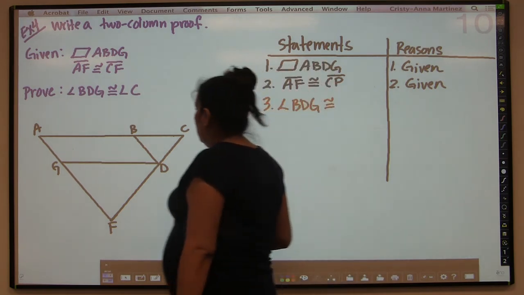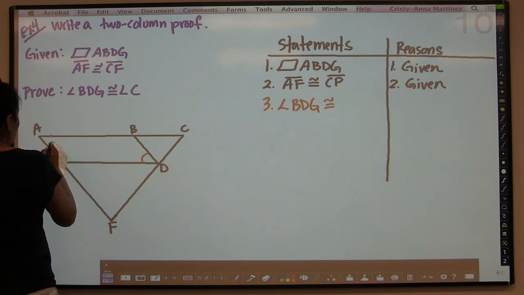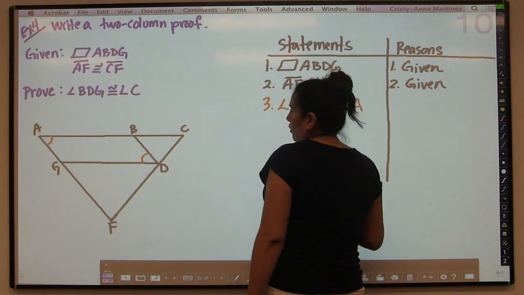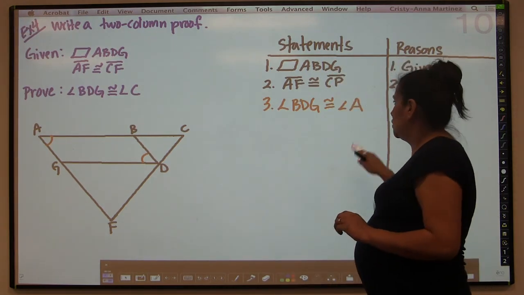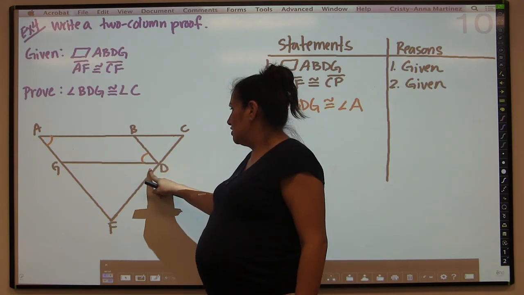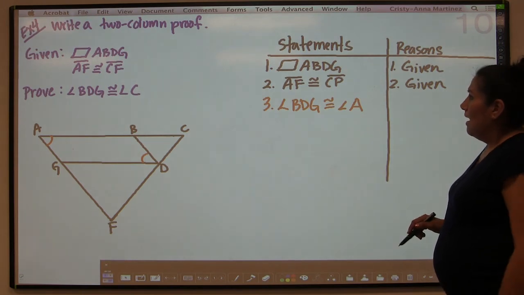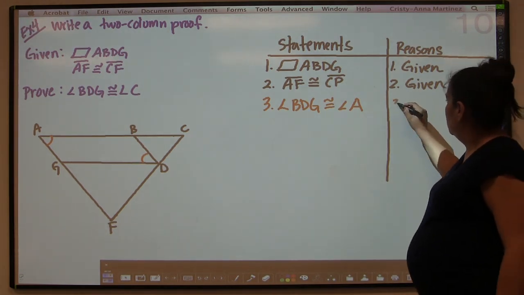Here's angle BDG. This angle right here is congruent to angle A. Notice how we don't have to call angle A angle BAG because there's only one angle there, so we can just call it angle A. But in the case of angle D, there are 3 different angles there, so we have to call it BDG to be specific. And that's because of the definition of a parallelogram.